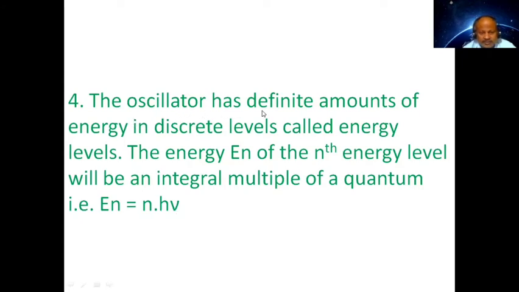If n is equal to 1, then E1 is equal to h mu. If n is equal to 2, then E2 is equal to 2 h mu. So the energy En of the nth energy level will be an integer multiple of a quantum.